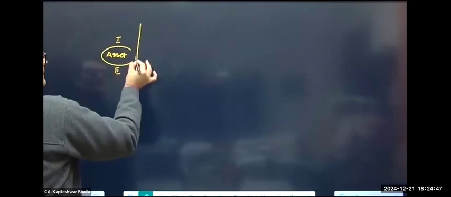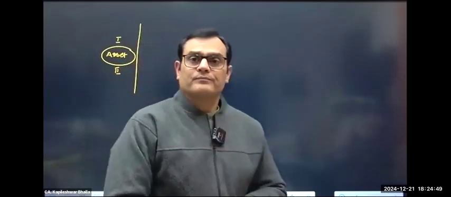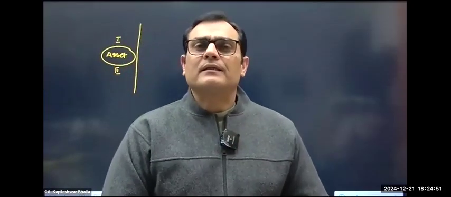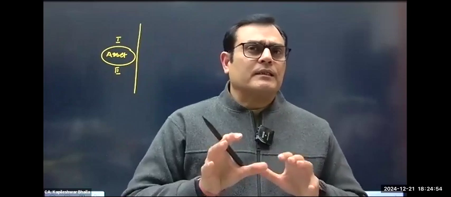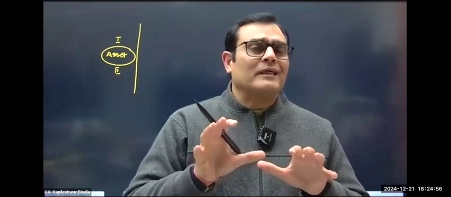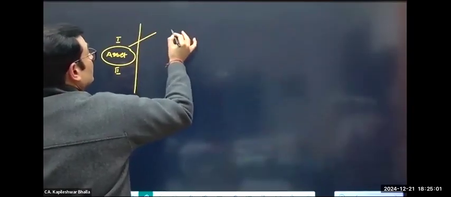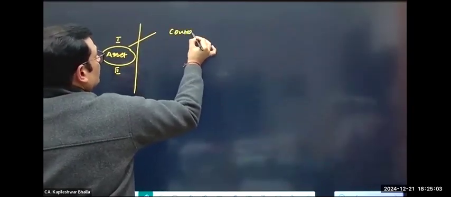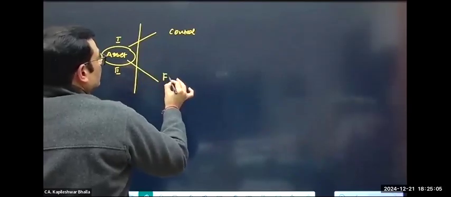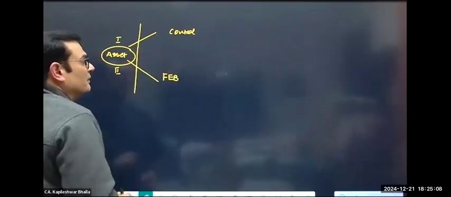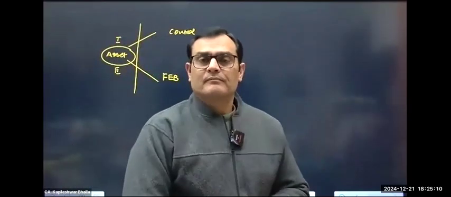So my step number one, rather the first two steps, will be devoted to identifying whether the given item is an asset or not. How do I define that a given item is an asset? There are two parameters before you call anything an asset. Parameter number one is that you need to prove there is control. Parameter number two is that you will get future economic benefits from that asset.